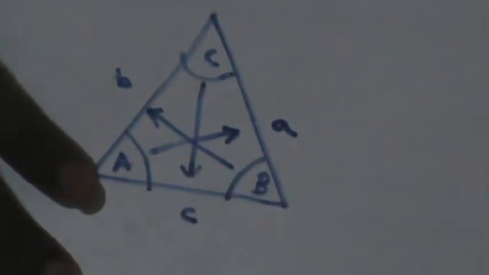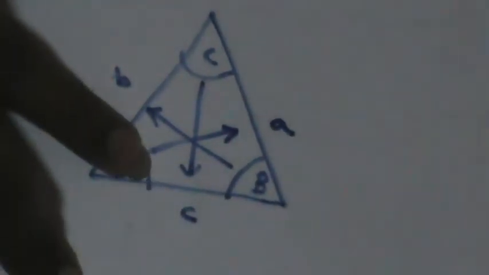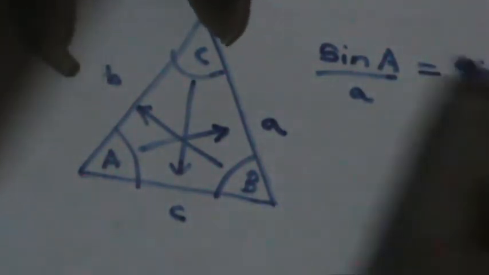This is also called the common notation, and it is common to both the sine law and the cosine law. The sine law says that if a triangle like this is placed, sine A, the sine value of angle A divided by a, the side that is just facing A, is equal to sine B divided by b, the side opposite to B, is equal to sine C by c.